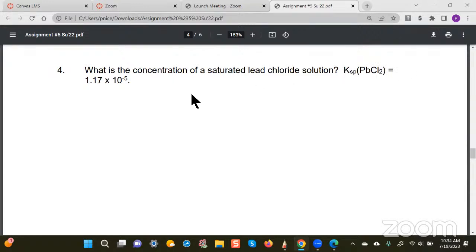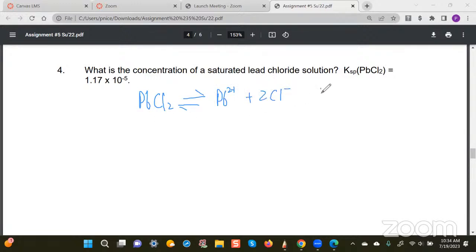First thing I would do, like what I did before, is write down the equation for the dissociation. In this case, it's PbCl2 dissociating to form Pb2 plus and 2Cl minus.